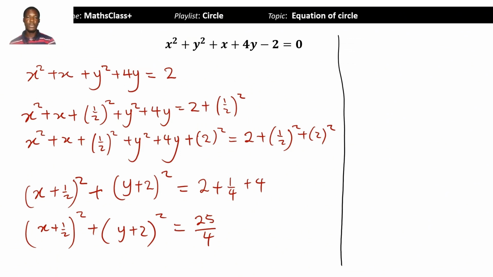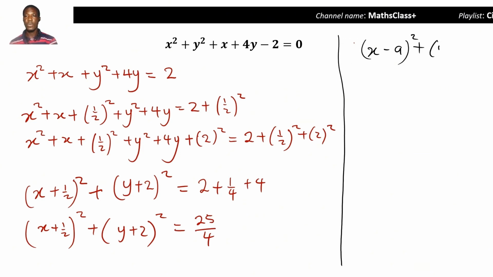Now, I want us to look at what we have here. We have expressed the equation of a circle in the form x minus a squared plus y minus b squared is equal to r squared. That is what we have done.